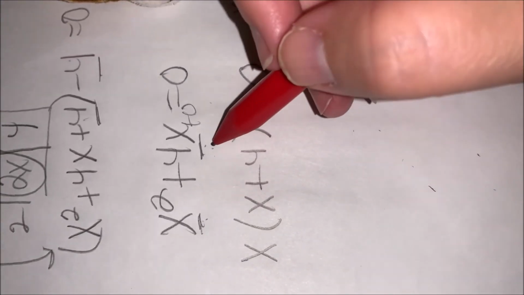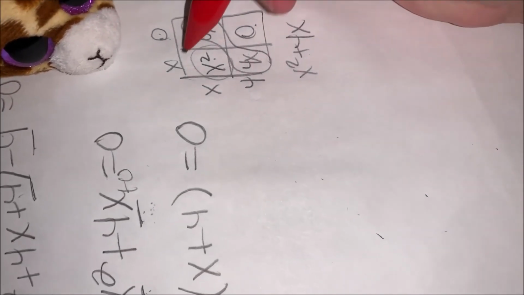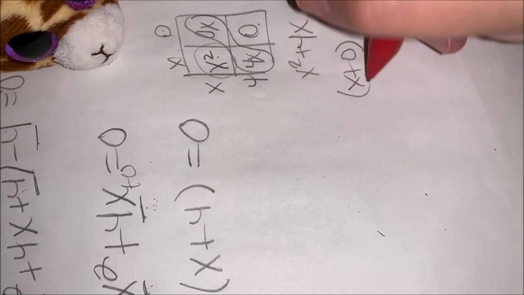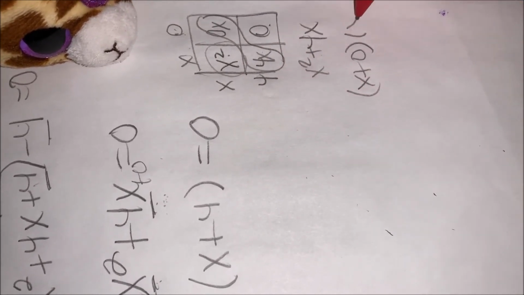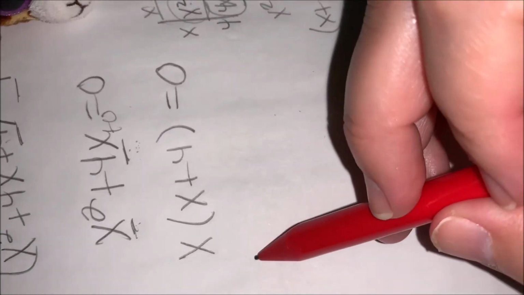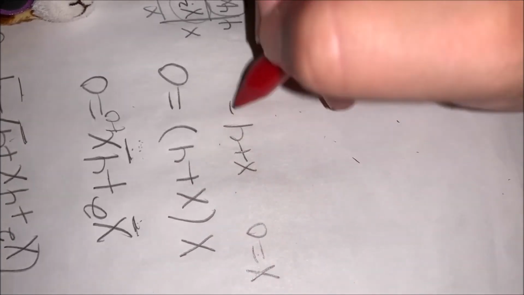That's what I have up here. But let's look at the outside. That's an x plus 0 times an x plus 4 right over here. So that's what I'm left with up here, is an x and an x plus 4. So x equals 0 and x plus 4 equals 0.